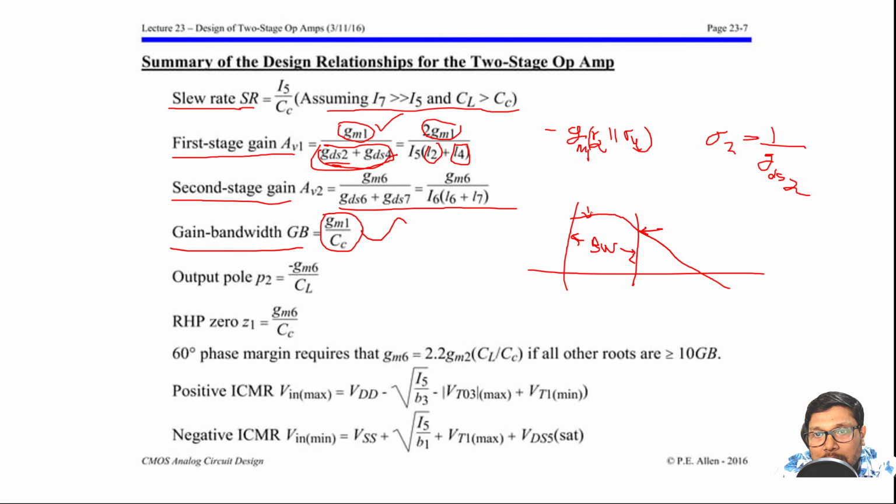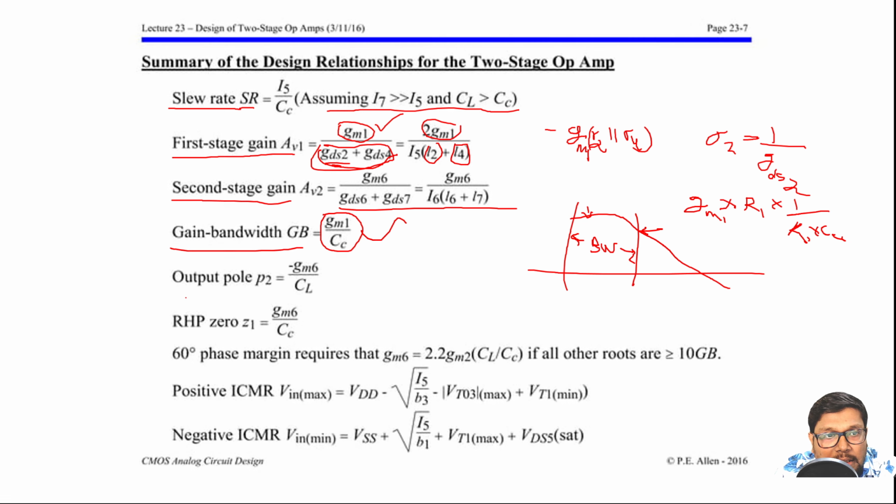Okay, so let me show that one. GM1 into R1. And this pole is 1 by R1 and dominated by CC. So we are ignoring C1. So R1 cancels, it will be GM1 by CC.